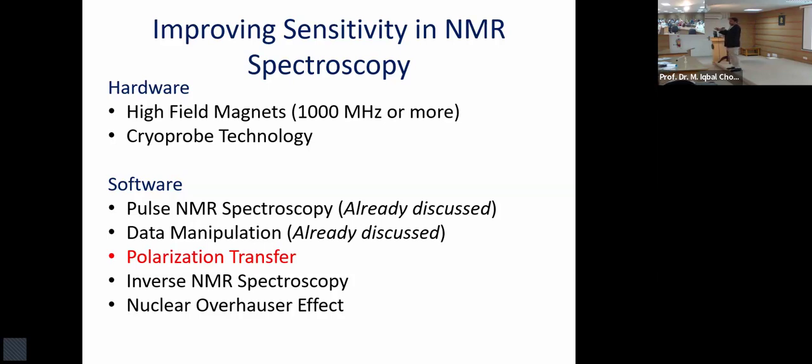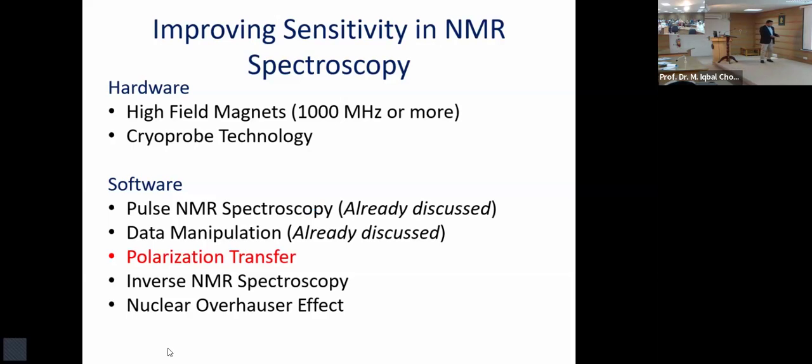And so many of these experiments were designed in which temporary polarization of proton is transferred to carbon-13, and carbon-13 signal looks bigger, right? So this is a software way of improving the sensitivity. We will study that. We'll spend a whole lecture on it.